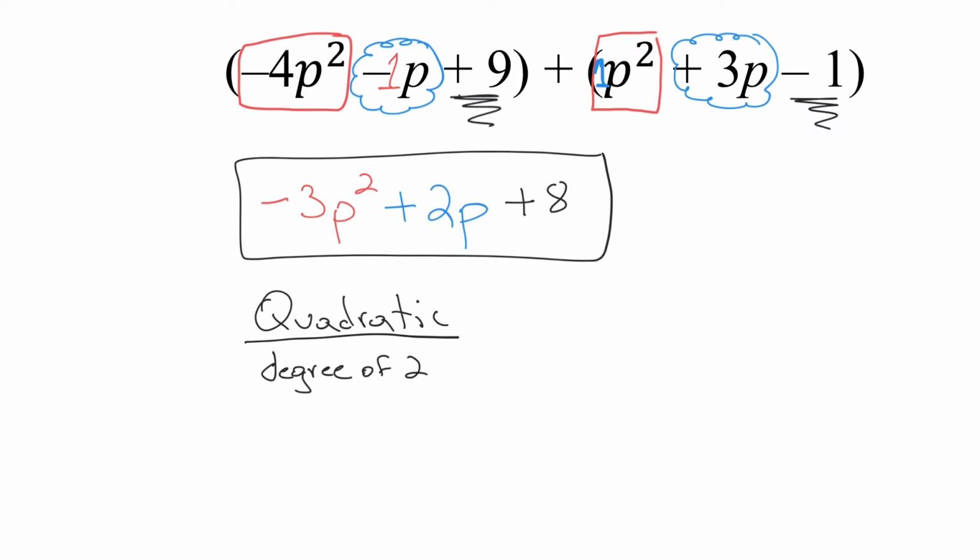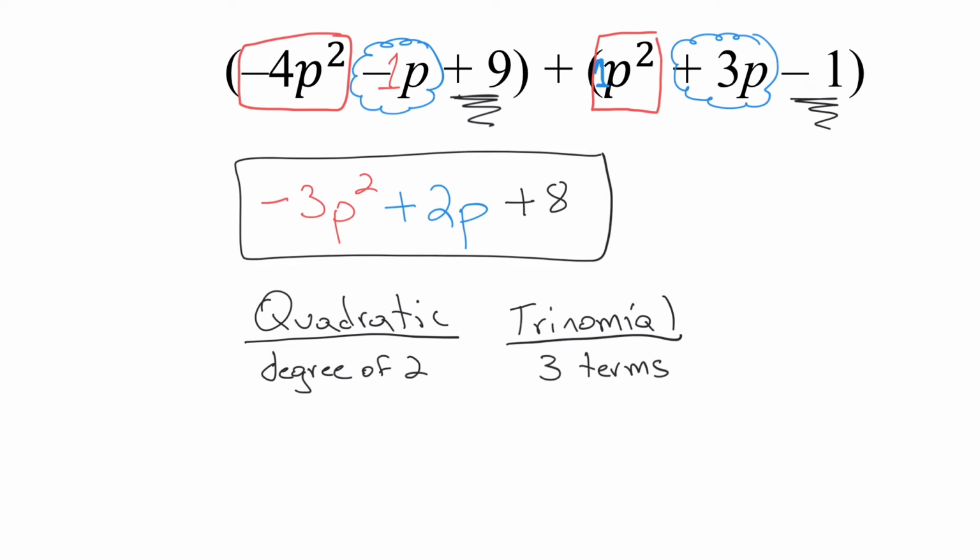Now, how many terms does the polynomial have? Well, we have one term, the one in red, a second term, the one in blue, and the constant is the third term. So we have 3 different terms, and the name for 3 different terms is trinomial. So we have a trinomial right here, and let me put here underneath 3 terms.